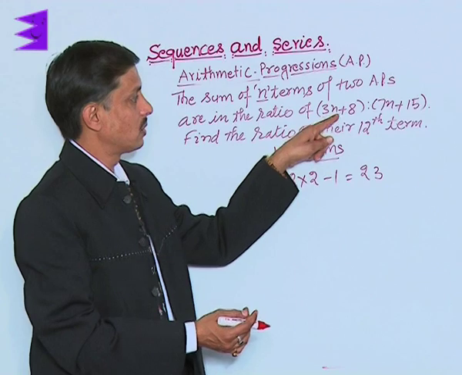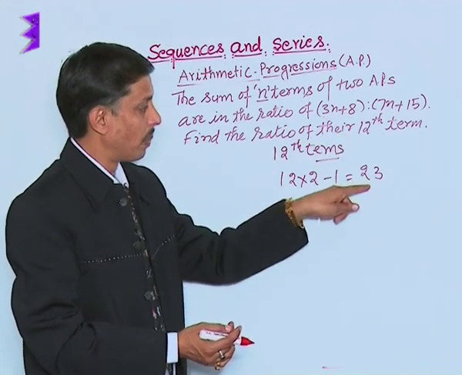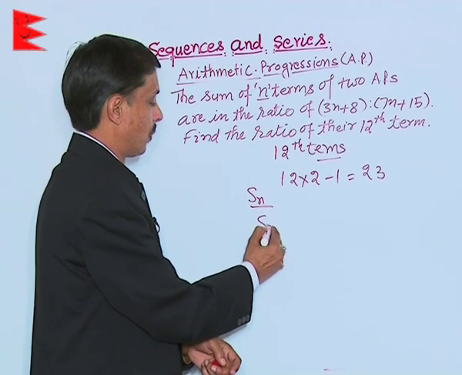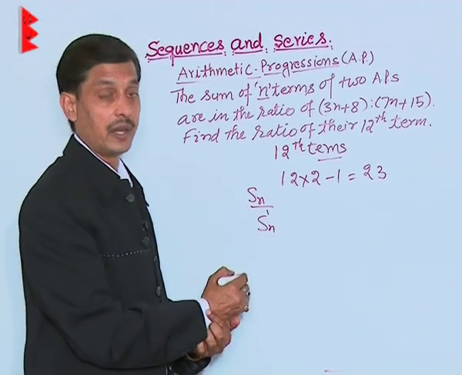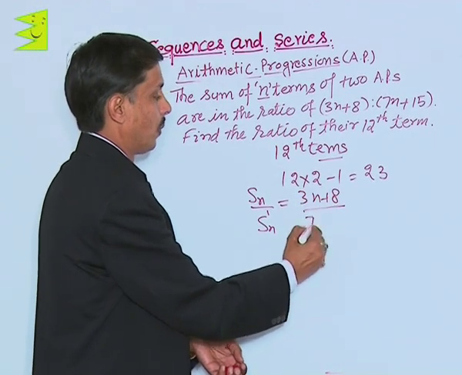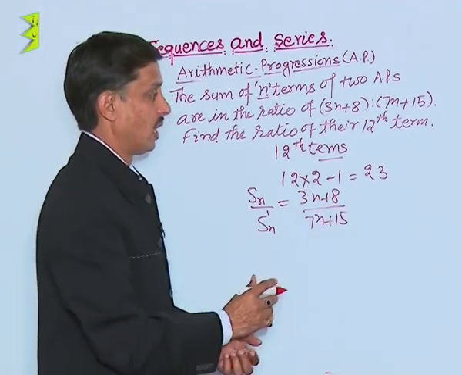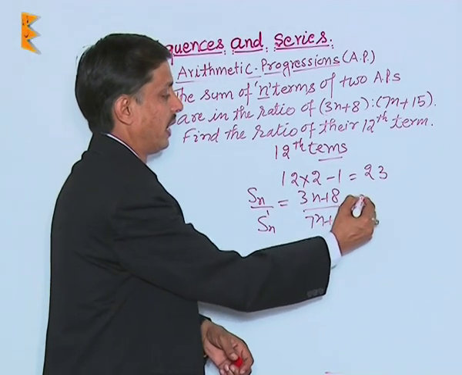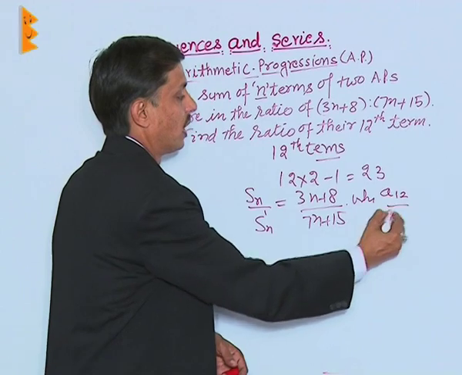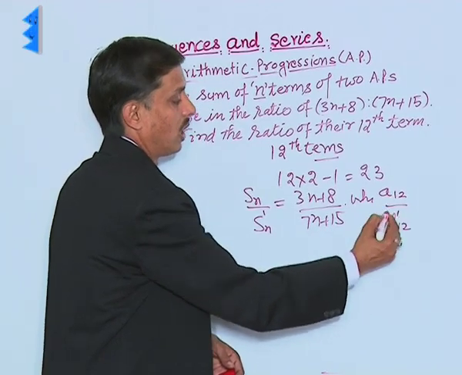We will replace both n's by 23. We have Sn of first upon Sn of second is 3n plus 8 upon 7n plus 15, and we want to find what is A12 of first and A12 of second.